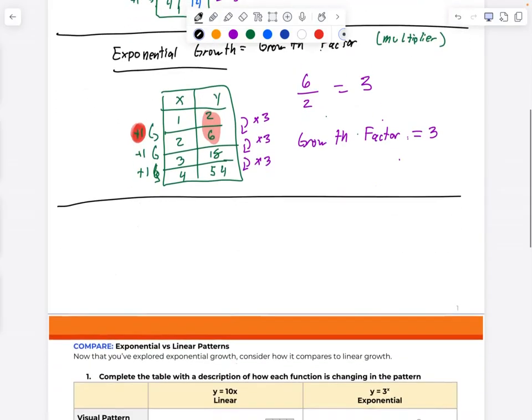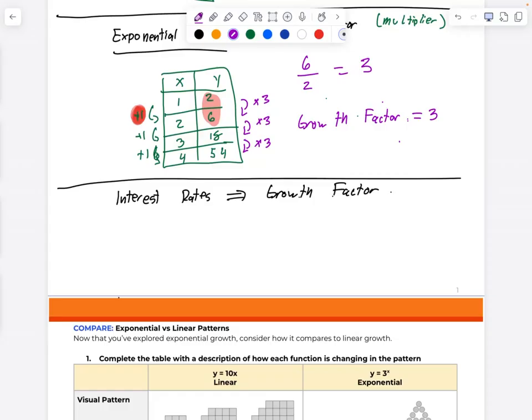So the idea here is that if I have an R% interest, capital R, I'm going to take that number and divide it by 100, and that's going to give me little r.